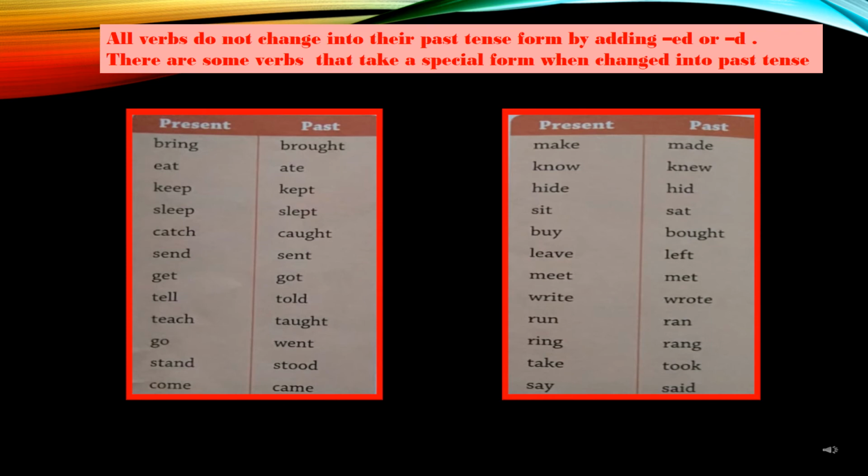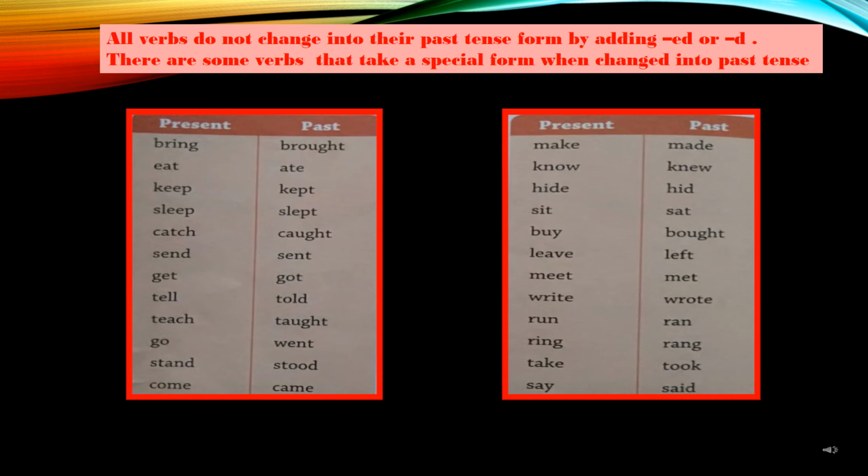This means that, as I told you, a rule that has to be followed while changing present to past tense is that you have to add ed or d. But there are some verbs, children, which take their own special form. You do not have to change present to past by adding ed or d to it.